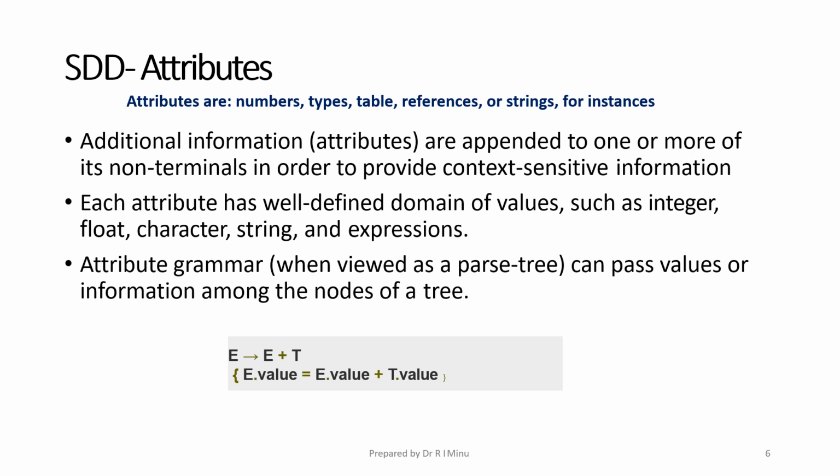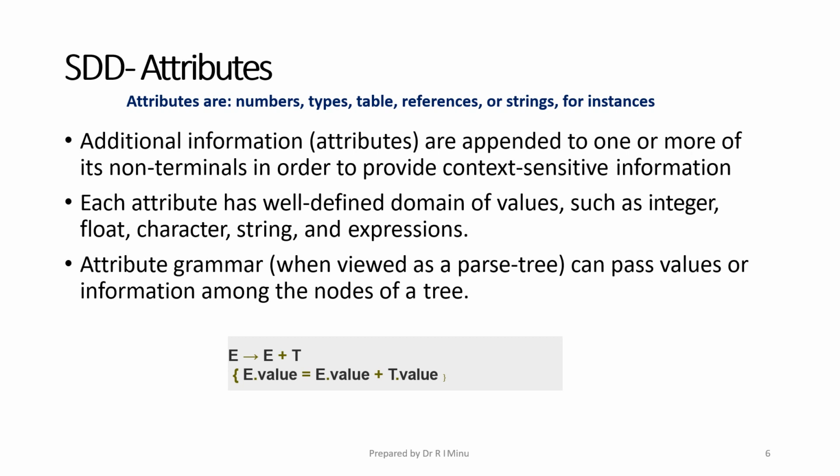All these are called attributes. That is, additional information, the attributes, is appended to one or more of its non-terminals in order to provide context-sensitive information. Each attribute has a well-defined domain of values such as integer, float, character, string and expressions.